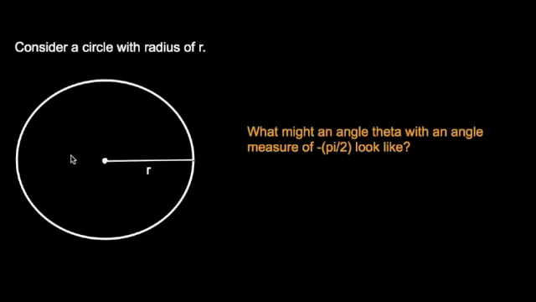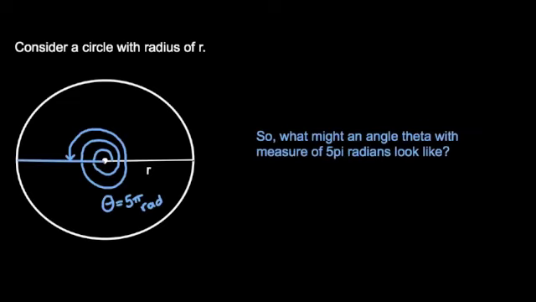So what might an angle theta with an angle measure of negative pi over 2 radians look like? Well, as you saw in our previous one, we started from the positive x-axis and we went up. And that's the positive direction. The positive direction's up, so I started going up.